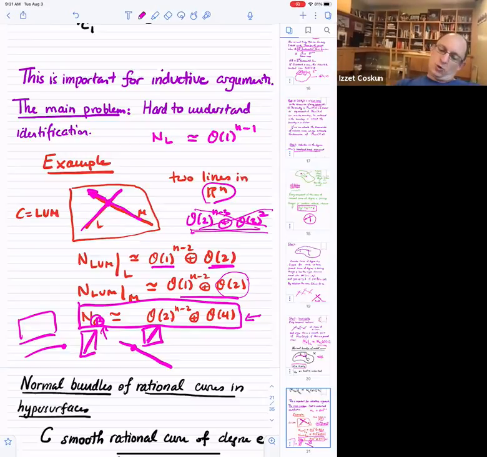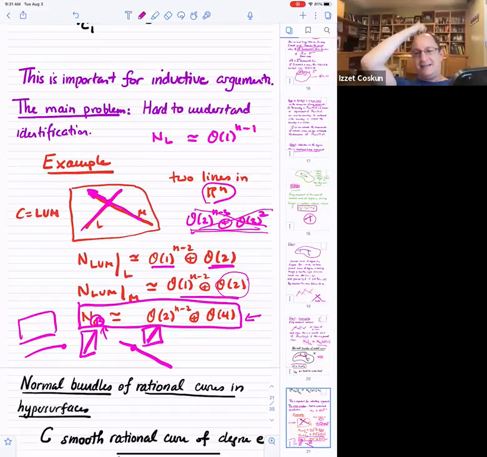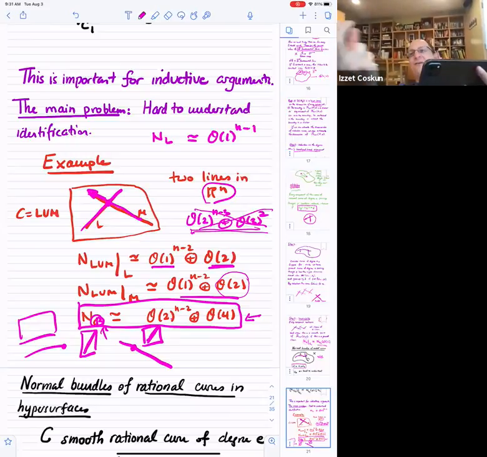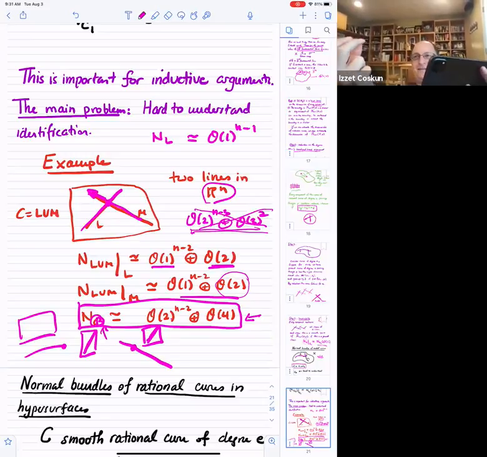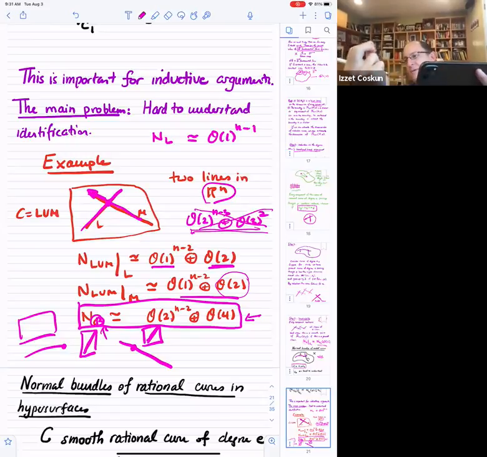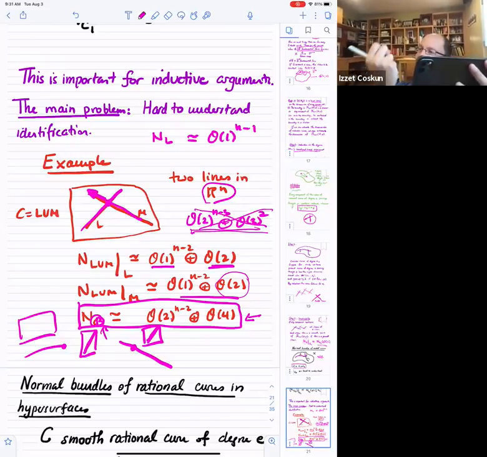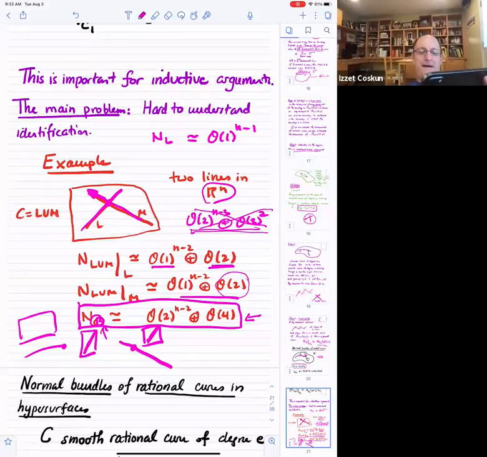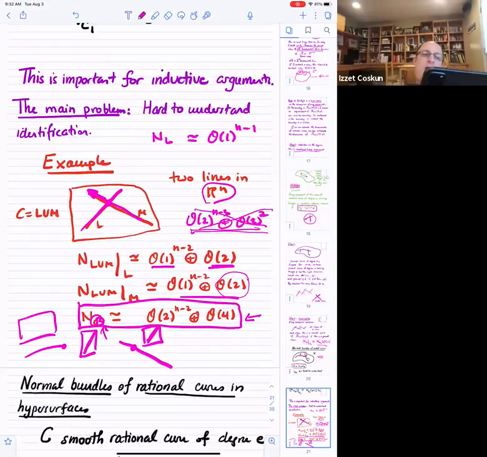That's because these O of 2s match. Typically what you expect is that if you have a random union of curves, you want to say that the positive directions in these two fibers are as transverse as possible. The point of this example is that it doesn't have to be. Okay. All right.